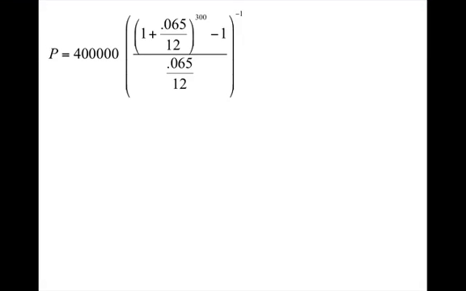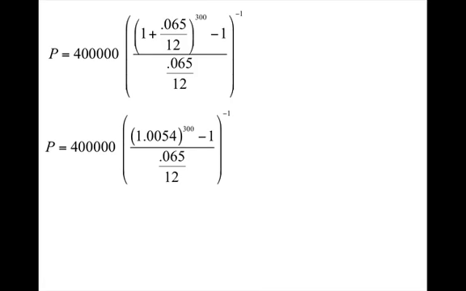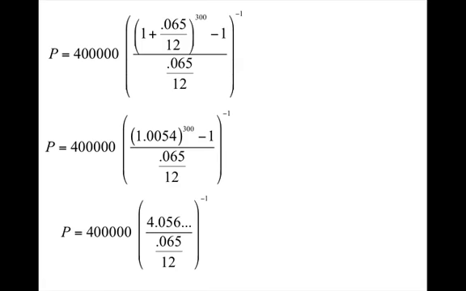So let's list some of those steps on paper. When I typed in the 1 plus 0.065 divided by 12, that gave me 1.0054, and that decimal continued on. Next, raise that to the 300th power, and that gave me 5.056.